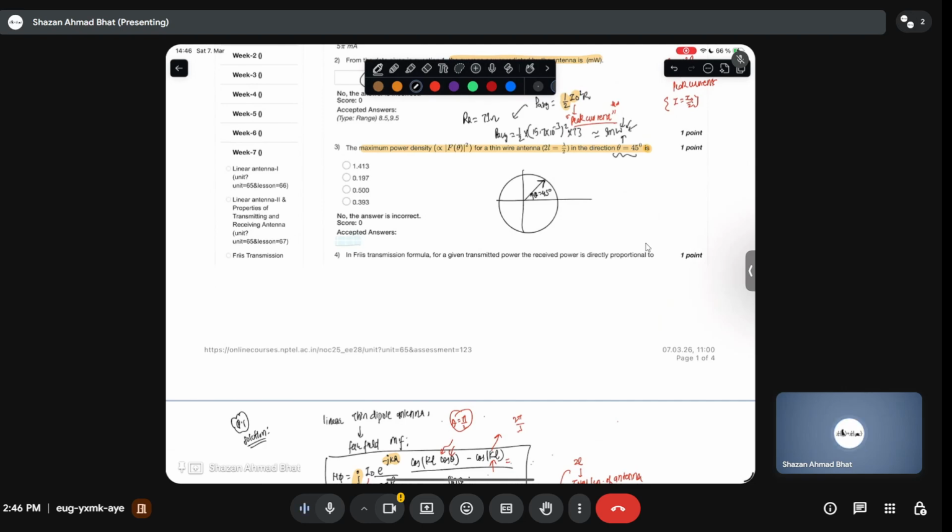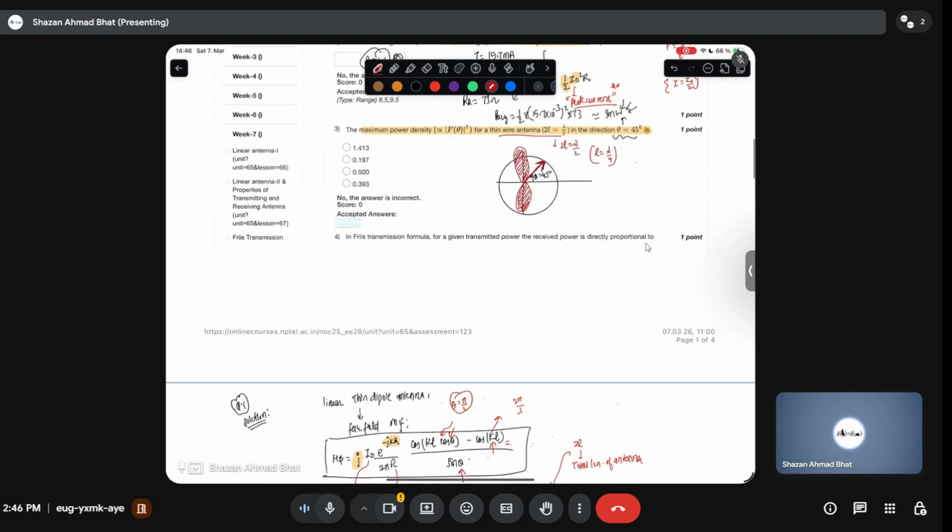If you have the maximum power radiating in one direction, looking through this direction your power will not be maximum, it will be only some part of this power, because most of the power is going through these two lobes. And again this is a thin wire antenna, that means 2L is around lambda by 2, or L is lambda by 4.